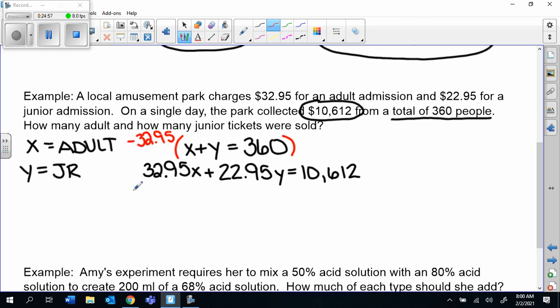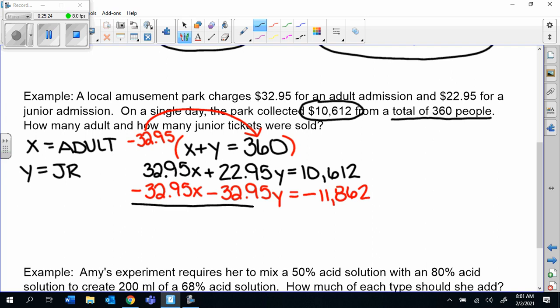All right. So minus 3295x minus 3295y equals this times this. Go to your calculator. It is negative 11,862.